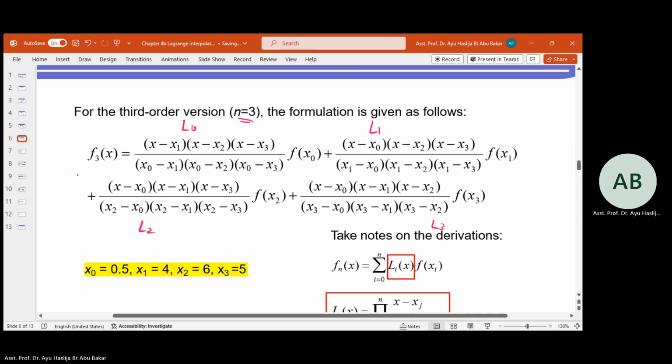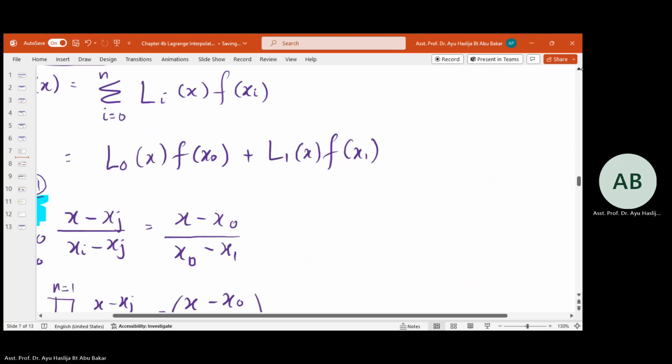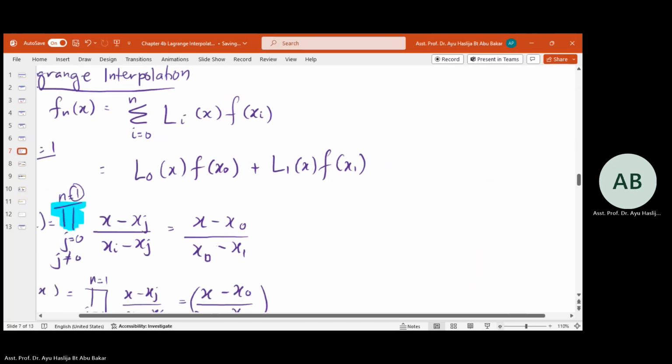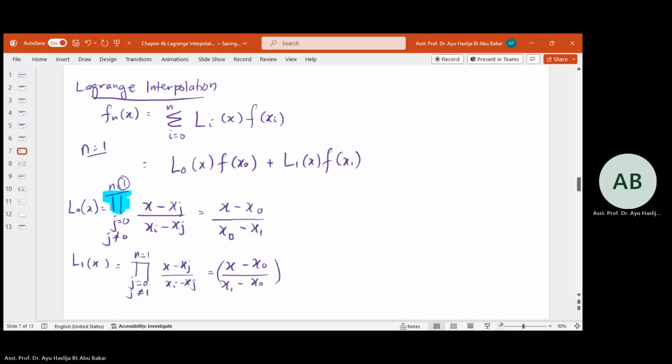Now let's try. Before we try, this is the same as I explained earlier to find L0, L1 of x. Let's say your n equals 1.